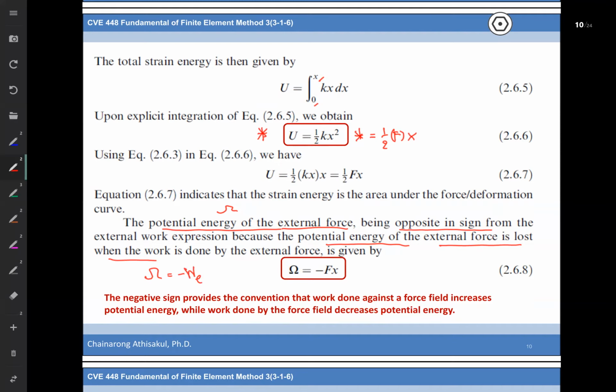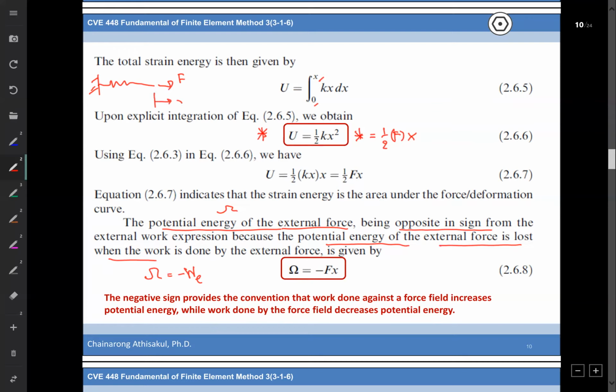So if we consider the spring, and the spring has the force F applied to it, and the deformation is in the same direction as the applied force, the work done due to the force F is the positive Fx.